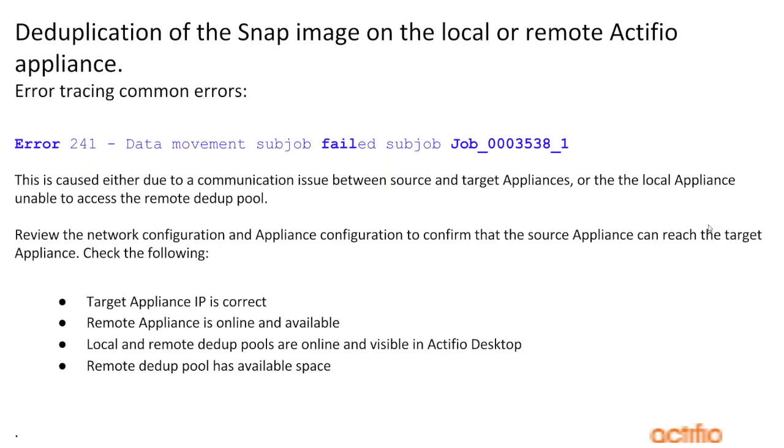And because we don't have a certificate exchange, we can't open a strong network session, so we result in an error 241. We need to make sure that the remote appliance is online and available. That means all the paths are up, all the services are up, dedupe, UDP, all the things that we talked about in that 9-square slide, all of those things have to be online to make sure that we can then take the data at the remote site and protect it.